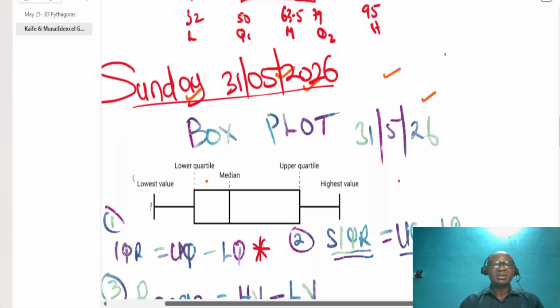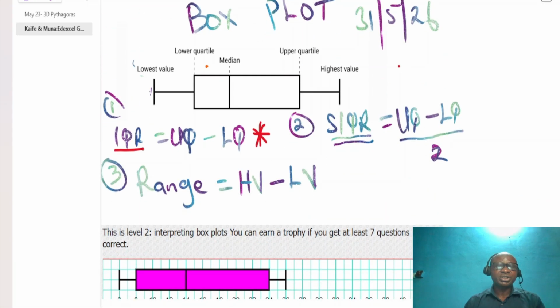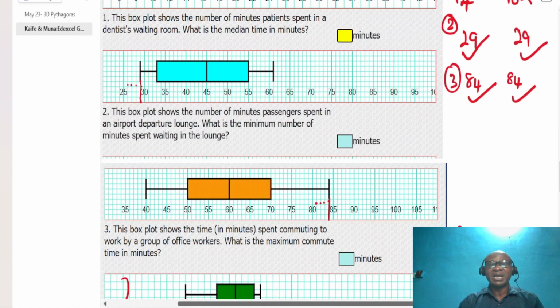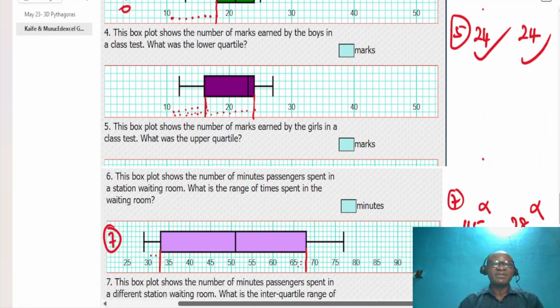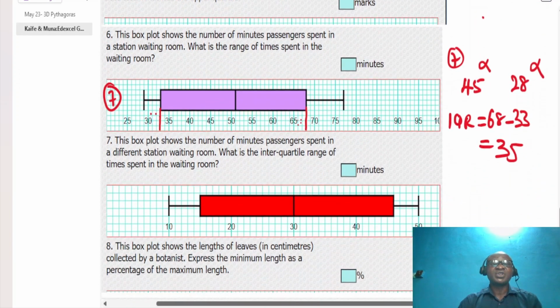I said interquartile range is equal to upper class boundary minus lower class boundary. Compare it to what I just calculated for you now in number 7, and you see the reading of the graph.